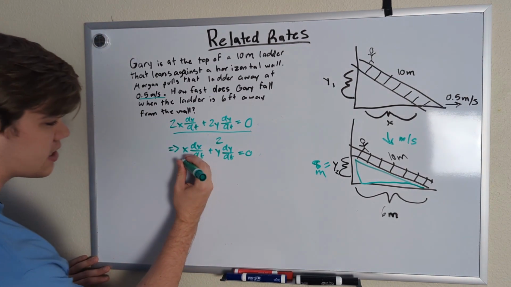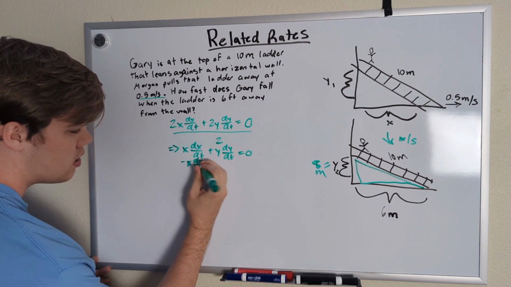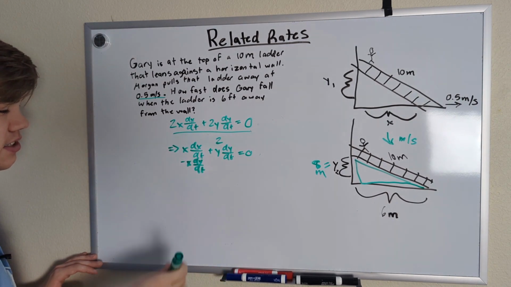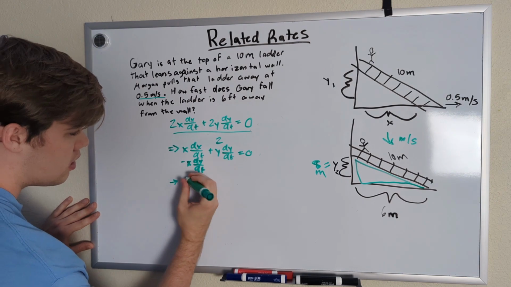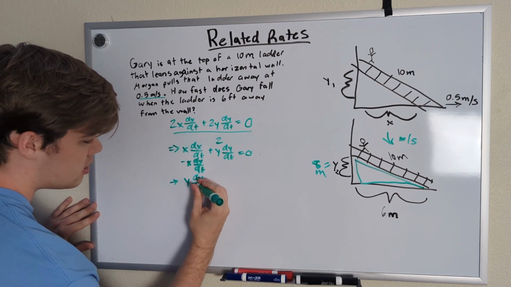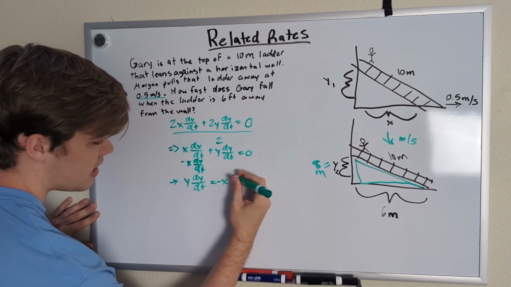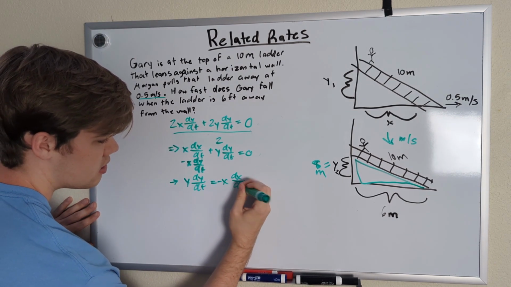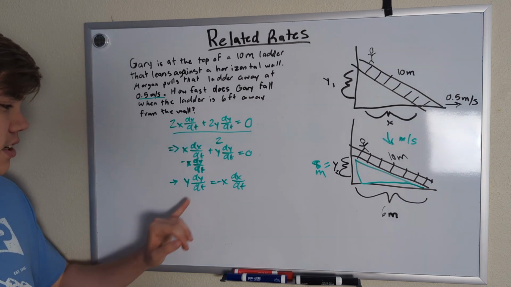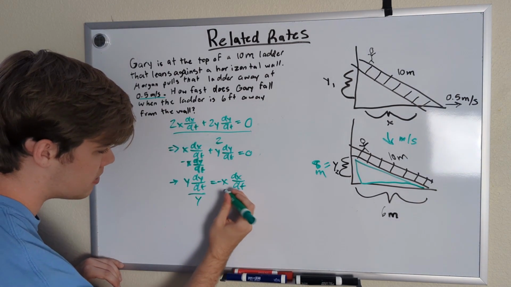First of all, we can subtract x dx/dt over to our right side. So now this equation turns into y dy/dt is equal to negative x dx/dt. Now the last thing to do in order to isolate for dy/dt is divide by y on both sides.